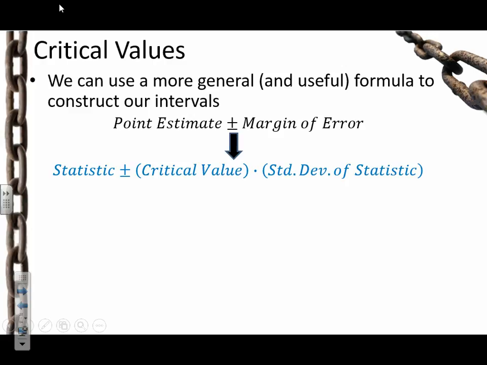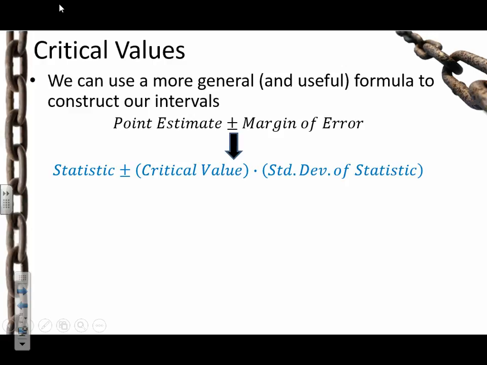So what we look at here, statistic, that's just another word for the point estimate. So this is your x bar or your p hat. Now margin of error consists of a critical value and the standard deviation of your sample statistic. So yesterday, we did talk about one of the intervals where they gave us the mean and standard deviation. We created the confidence interval.